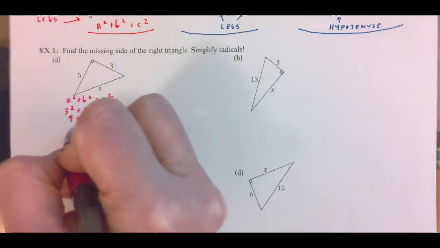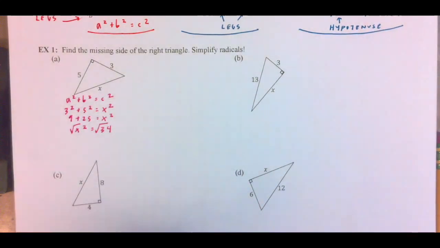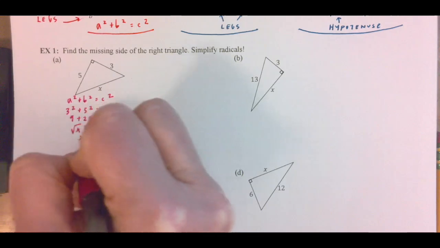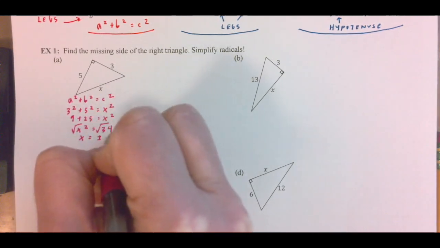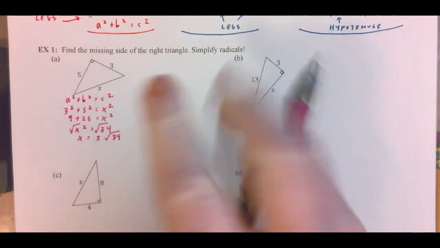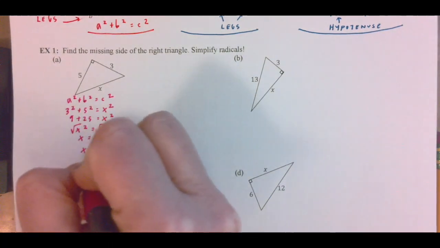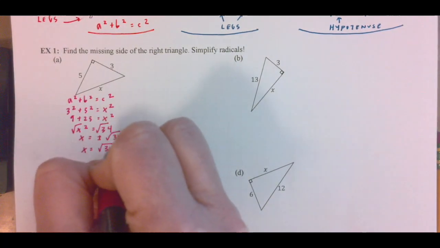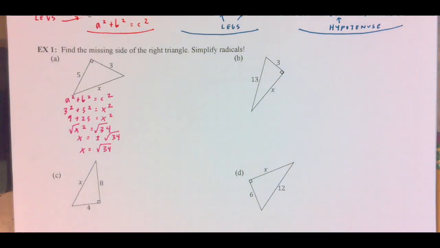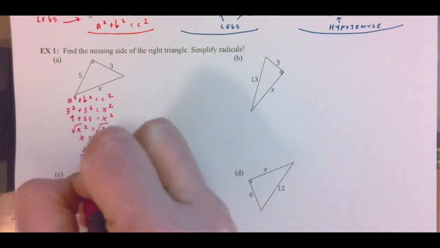I unlock that square by taking the square root. Technically, x is plus or minus the square root of 34, but since that's a measure, it can only be the positive. So x equals the square root of 34. I can't simplify that. That's 2 times 17. I don't have any pairs. Final answer.